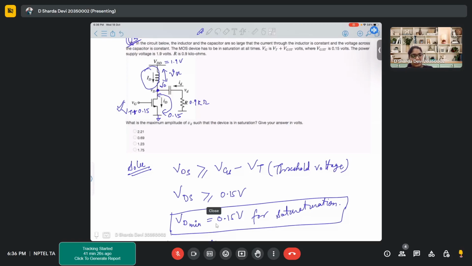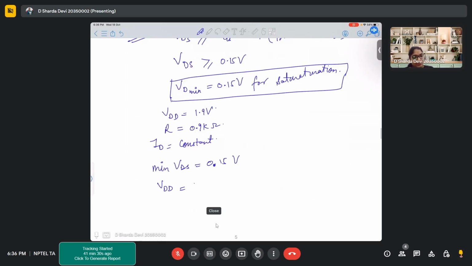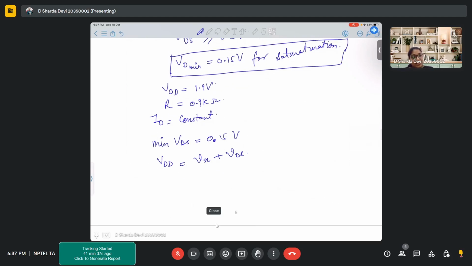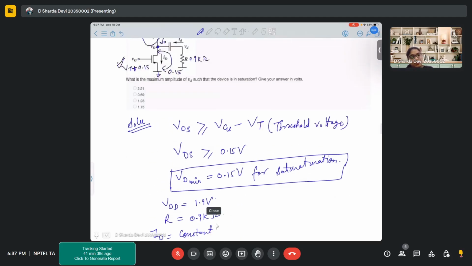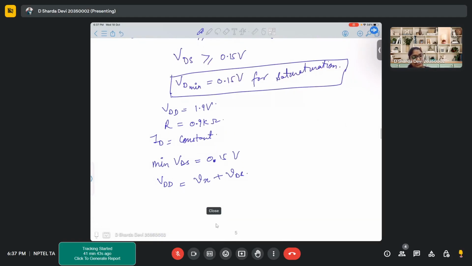So let's say Vx. VD is distributed between Vx plus VDS. So if we find this point potential, then we can say this can be the potential of our drain node.